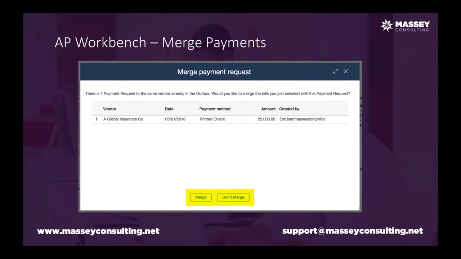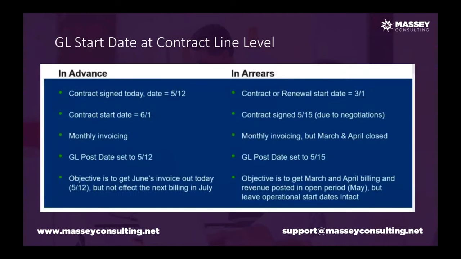And then also wanted to look at a little more detail on the GL start date at a contract line level. So for those of you that are using the contract billing module inside of Sage Intacct, at the line item level, Sage Intacct has added a GL posting date field, and I'll show you that one here in a little bit as well. So they've added a GL post date field, and here's two examples. So essentially on the left-hand side, you've got a contract that starts in the future, in this case, June 1, but they signed the contract today.